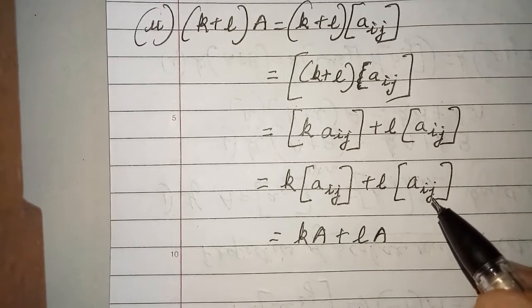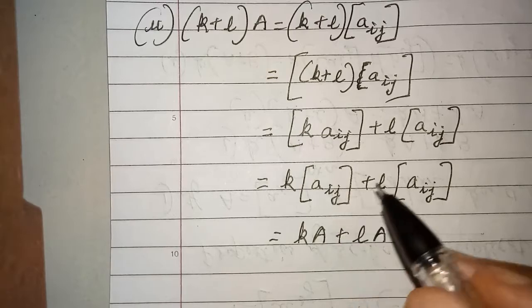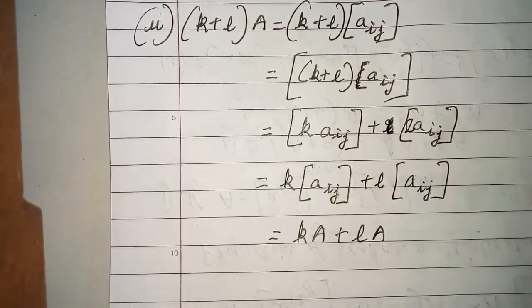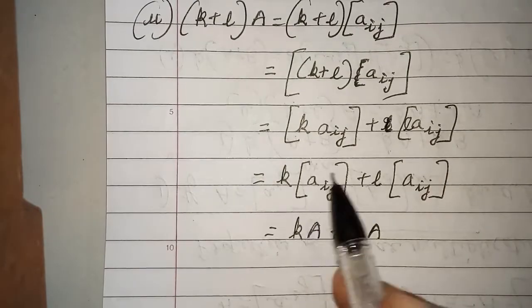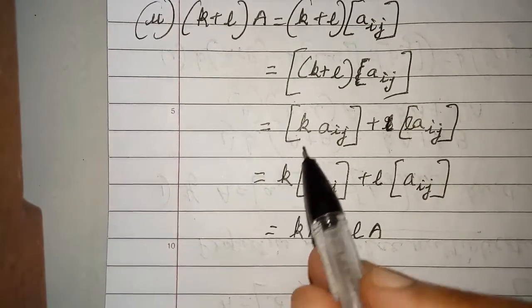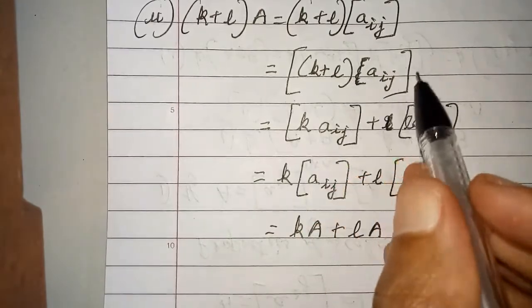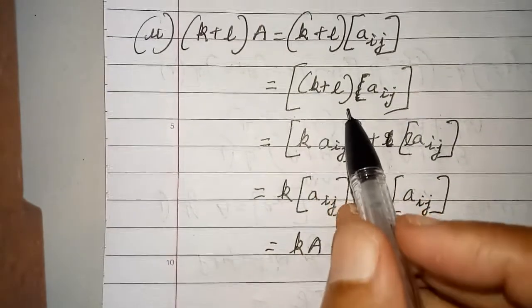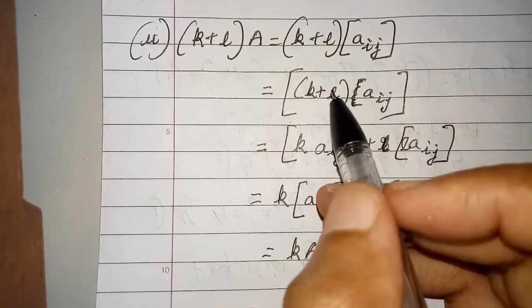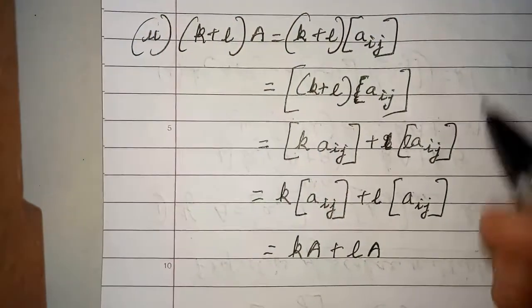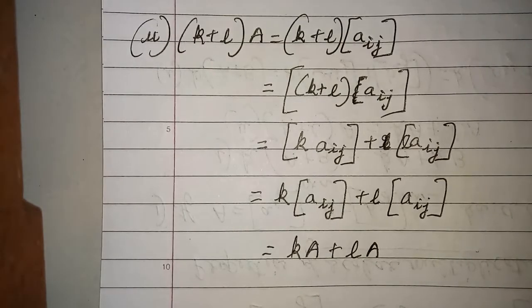Now this l should come here. This means k plus l, Aij is a common matrix, so Aij is pulled out, and k plus l, again multiplication of a matrix by a scalar, is pulled outside. So it's two-way, this way and backward also. Is that clear, children? Yes.